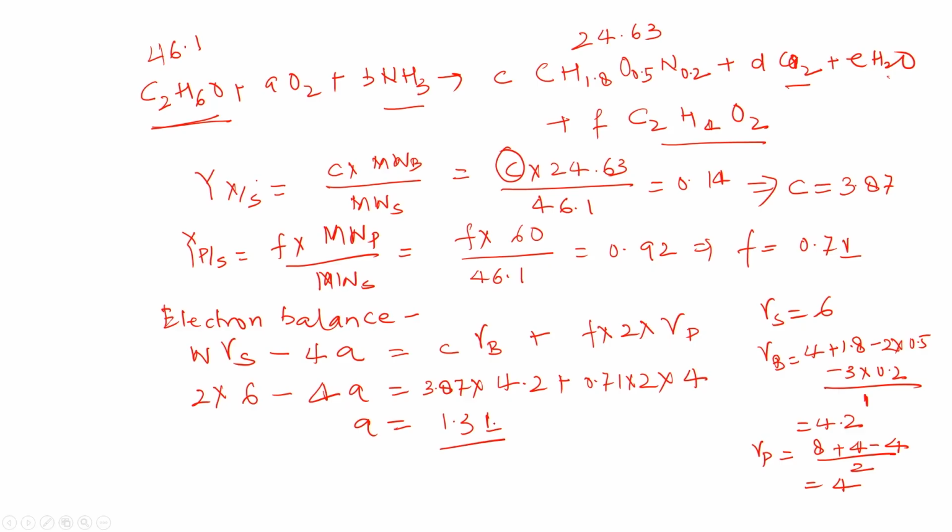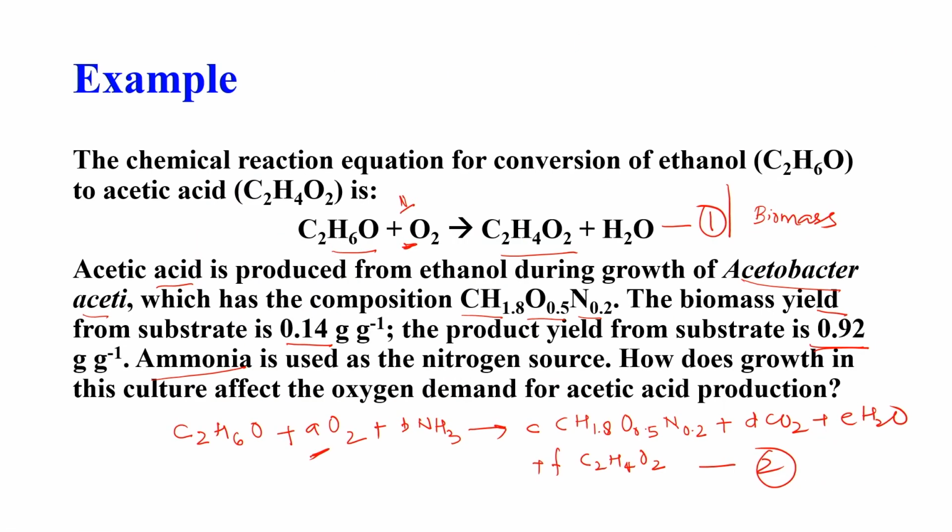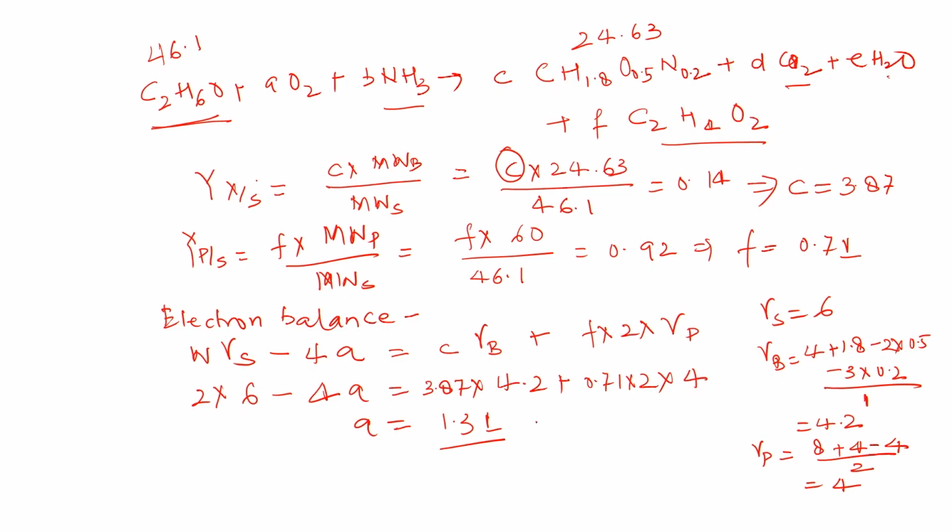It means without biomass, what was the stoichiometric coefficient for oxygen? 1, and with biomass the stoichiometric coefficient is 1.31. It means a 31% increase in the oxygen demand.